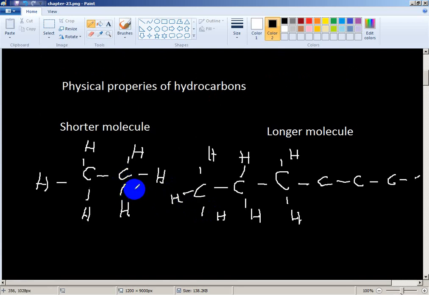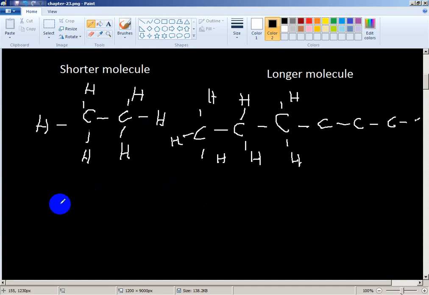Shorter molecules have low boiling point. Do you know what boiling point is?